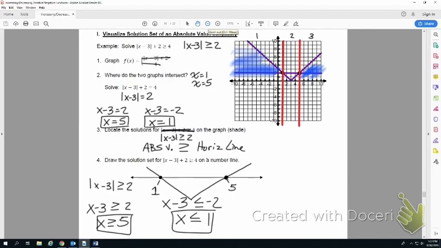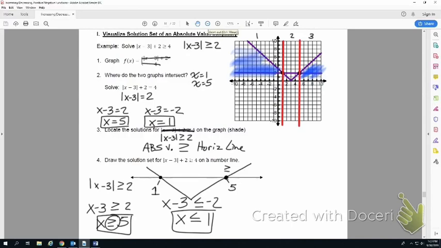Whenever you're shading, there's two different ways you can do it. If you just understand how inequalities work, awesome. It's pretty easy to tell, okay, x is greater than or equal to 5, so I'm going to shade where the numbers are greater. X is less than or equal to 1, so I'm going to shade where the numbers are lower. You can do it that way. What has helped a lot of people is if you take, for example, my solution of 5, and write that inequality above that value.